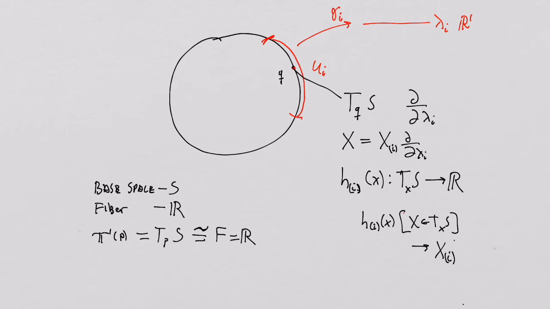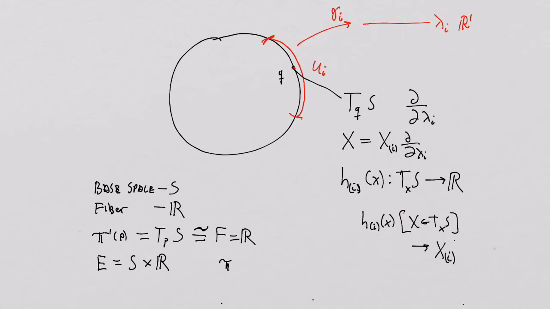Now what about the total space? At every point, we're going to characterize the total space in a trivial way for this particular exercise. The total space is going to be the base space Cartesian product with the elementary fiber, the basic fiber. That's going to be our total space.